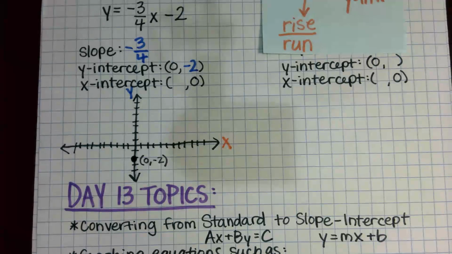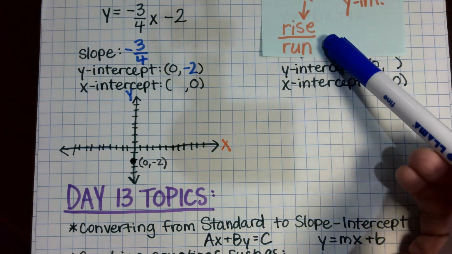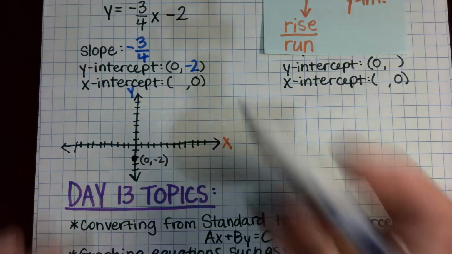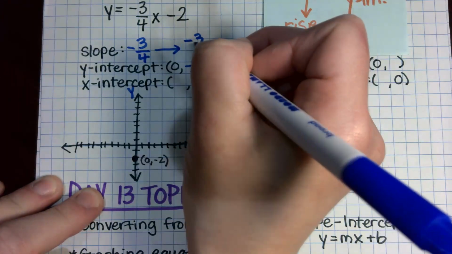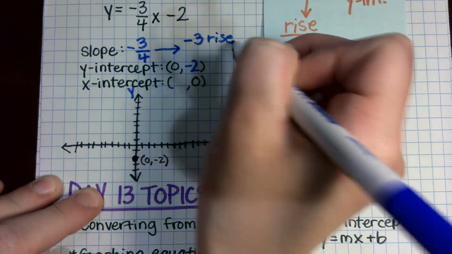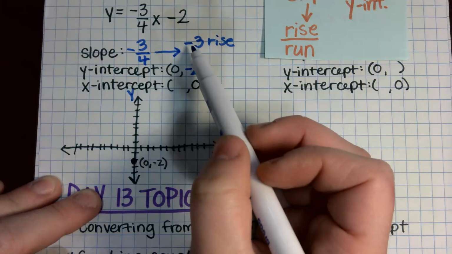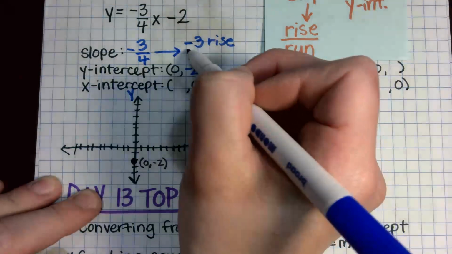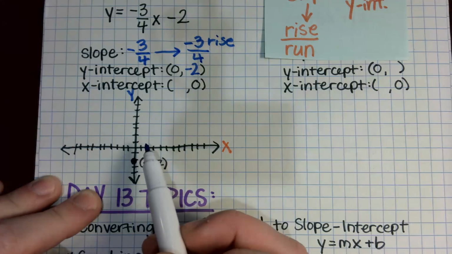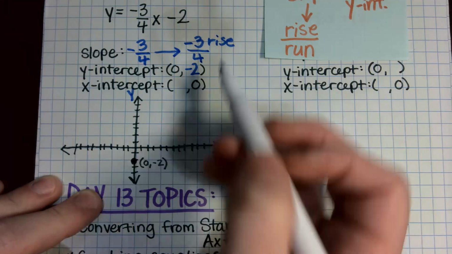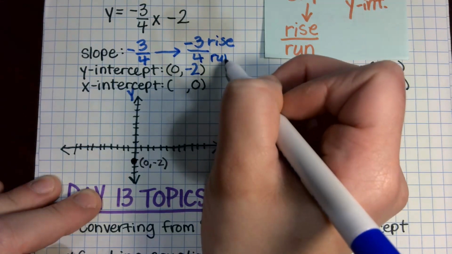And remember, we said earlier that slope is equal to rise over run. So that means our rise, or how far up or down we go on the y-axis, is going to be negative 3. And our run, or how far over we go on the x-axis, is going to be 4, because we have negative 3/4.